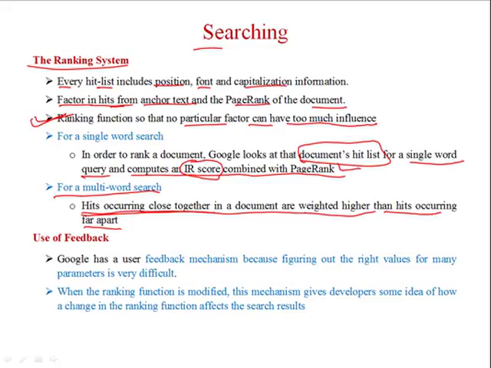It means all multi-word search terms available in the same document at minimum distance should get a higher IR score, and then Google combines the PageRank score and the document's hit list.